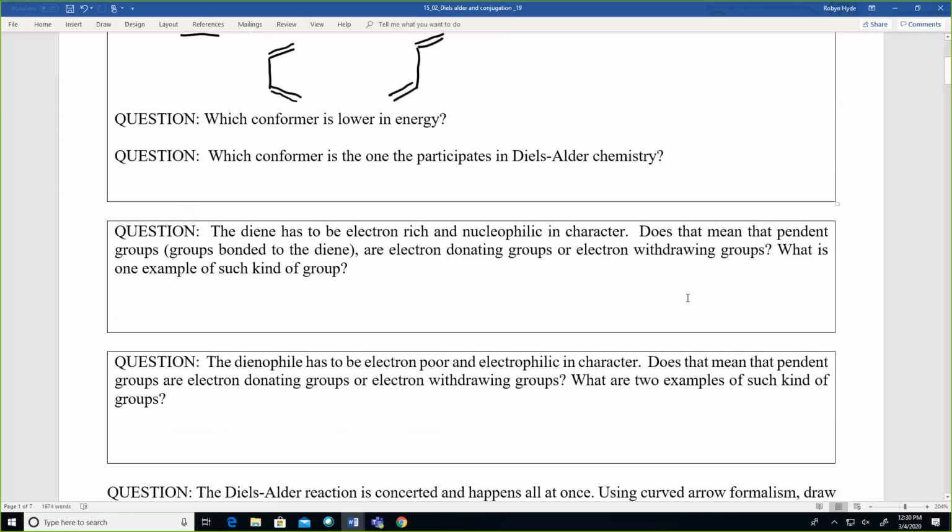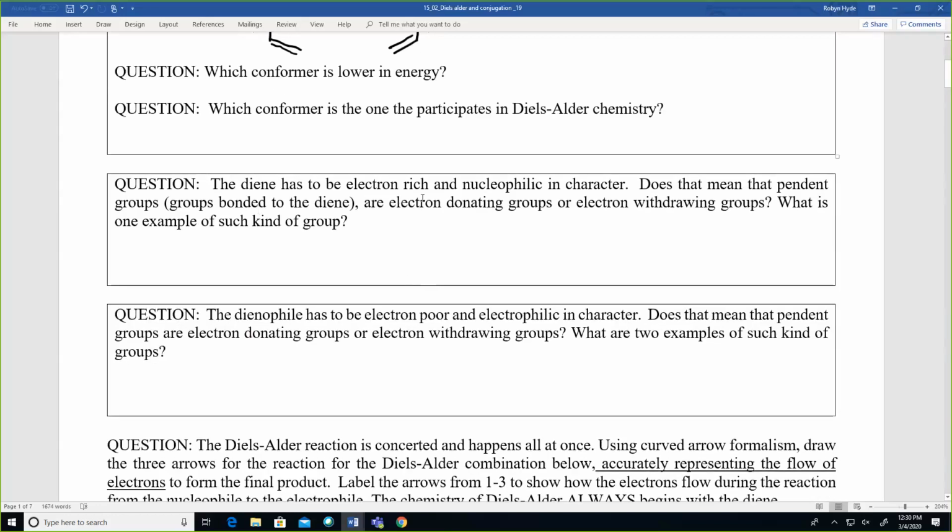Okay, diving deeper. The diene must be electron rich because it needs to be nucleophilic in character. Does that mean a pendant group? That means a group attached. Does the pendant group need to be an electron donating group or a withdrawing group?